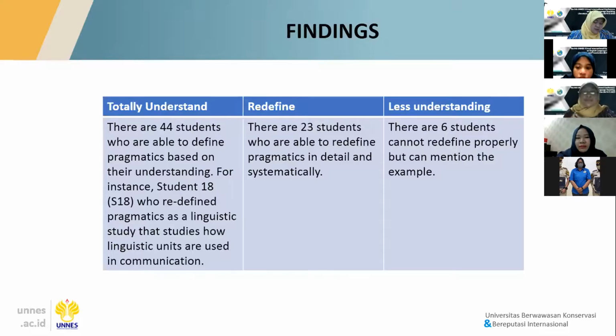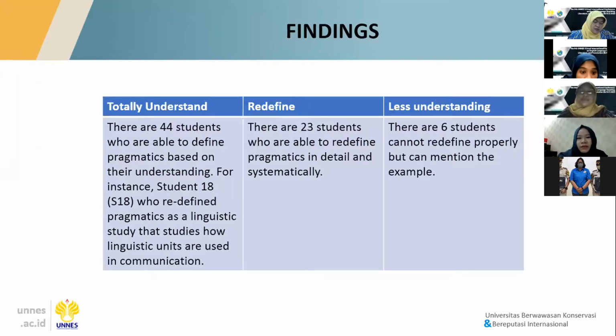He defined pragmatics as a linguistic study that studies how linguistic units are used in communication. And she can give the real example of how they can use it in their daily communication, and they can give the proper example.